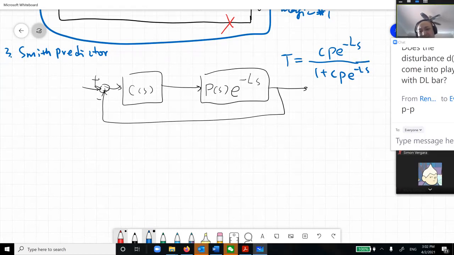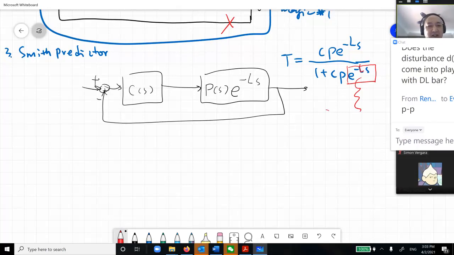Make sense? But this term is very troublesome, and it makes the denominator no longer a polynomial. It contains something like that. If you do a characteristic root analysis, there are infinitely many roots. It's so hard to do the checking. Is there a way I can simply delete this term from my loop by introducing some ideas?